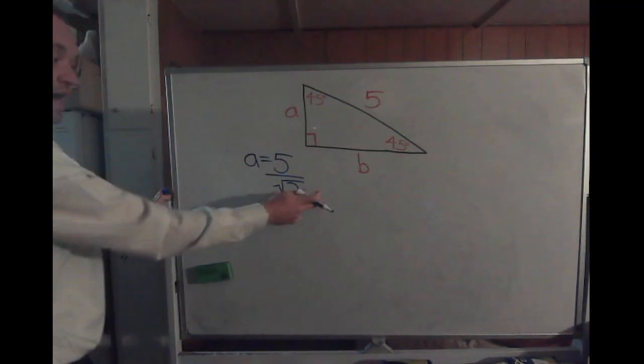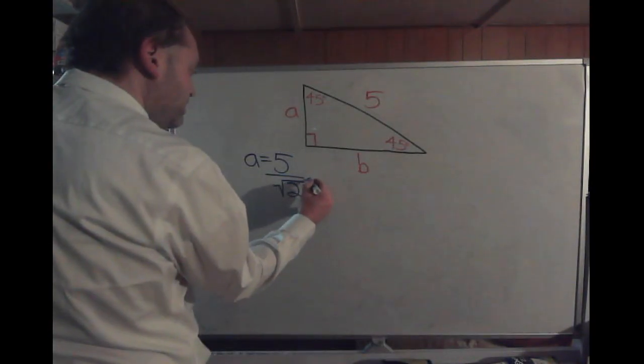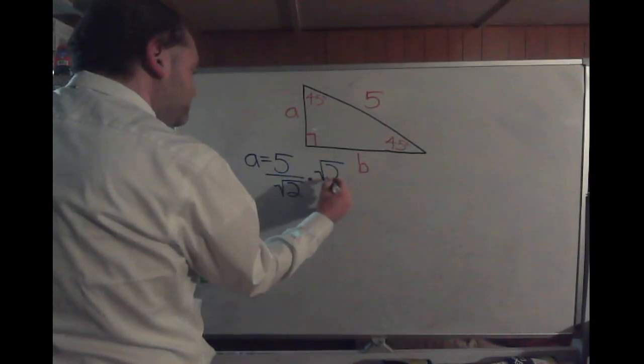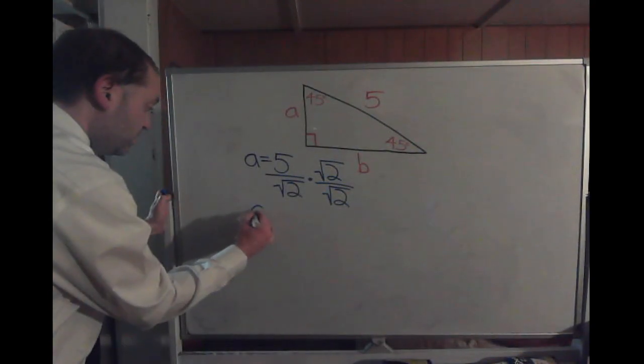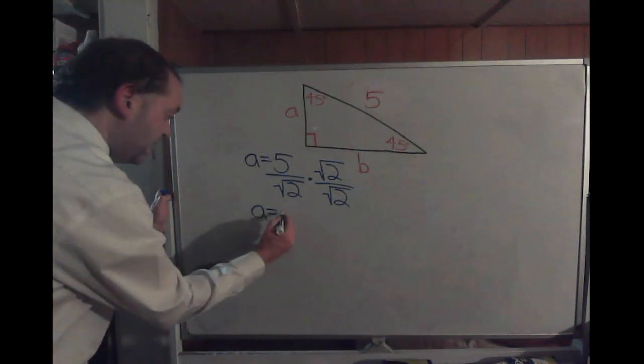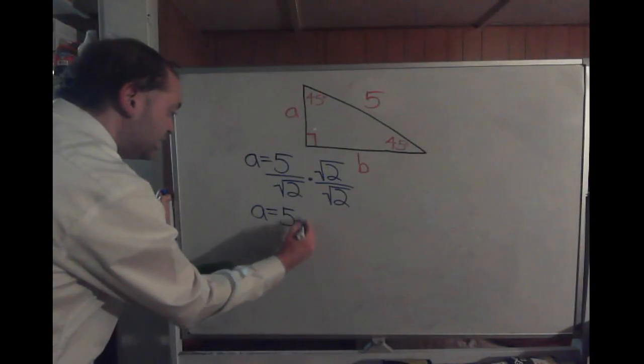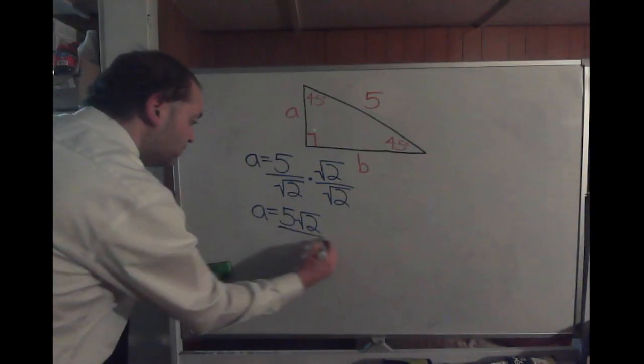But again, we want to rationalize the denominator, so we'll multiply both numerator and denominator by the square root of 2, which means A would simply have a length of 5 times the square root of 2 over 2.